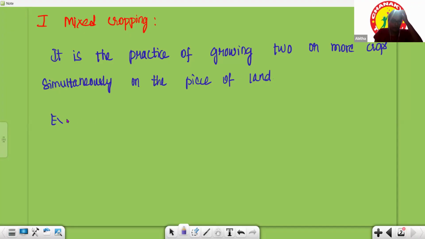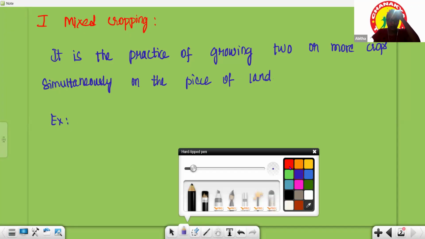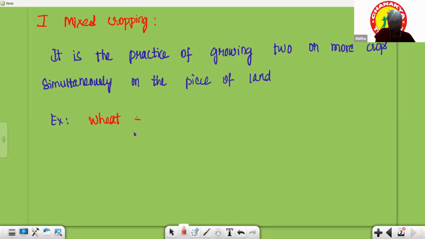Okay. Example, what kind of crops can you select? You can grow wheat with gram. You can grow wheat with mustard, groundnut, and sunflower.